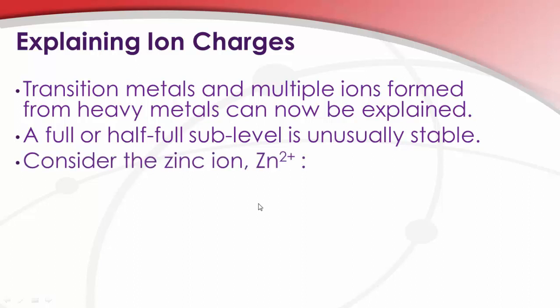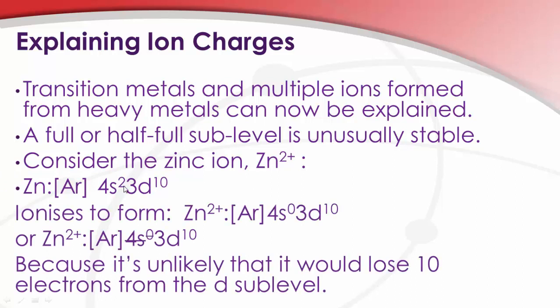If we consider zinc, well, zinc 2 plus is formed when we take the neutral element and we kick out the 4s electrons. When we do this, we get a positive 2 charge because we remove 2 negative electrons. We have a stable ion that we can work with. Of course, it's quite unlikely that we're going to kick out all 10 of the d electrons.